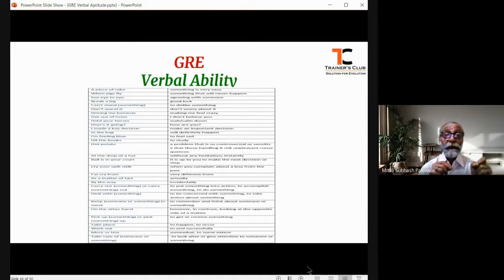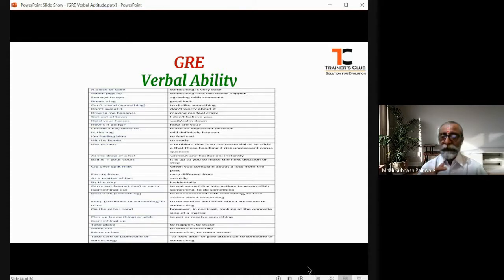But here, the thing is see eye to eye. Means it is not that you see from your eyes to the other one's eyes. The literal meaning goes that way. But the hidden meaning in this is to agree with someone.